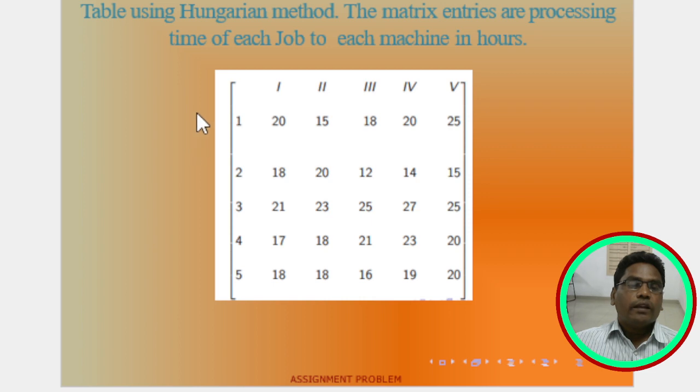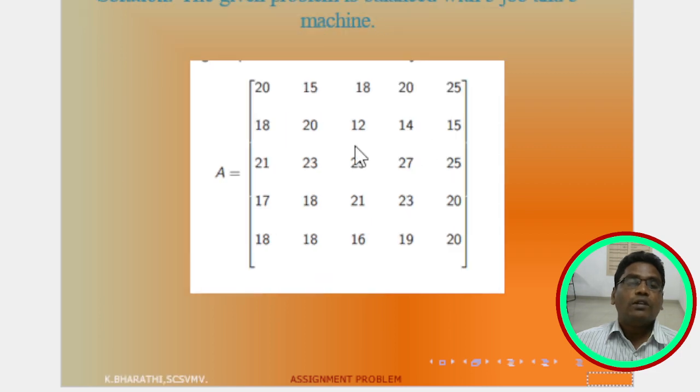Here there are 5 persons and 5 machines, and it is the cost matrix for the number of persons assigned to the number of jobs. So the payoff matrix is of order 5 by 5, so it is a balanced assignment problem.